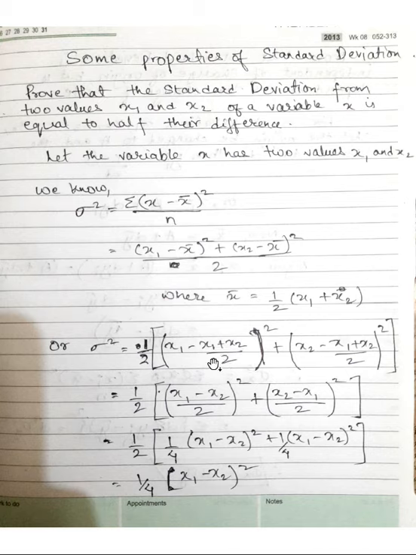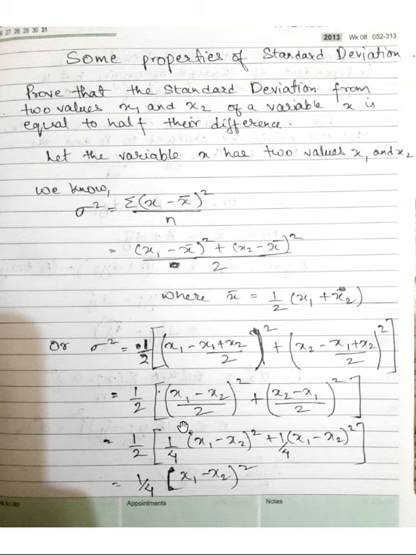So again we take the LCM, we get 2x1 minus x1 plus x2 divided by 2, that will be equal to x1 minus x2 divided by 2 whole square plus, here again, 2x2 minus x1 plus x2, that is equal to x2 minus x1 divided by 2 whole square. So nothing complicated done here, we just simplified this and this.